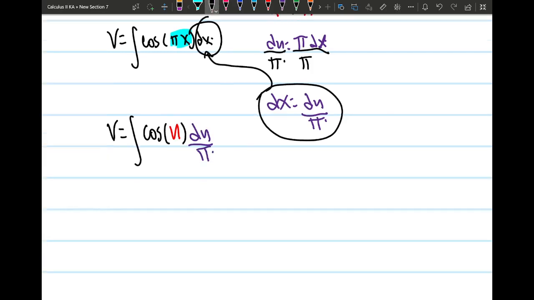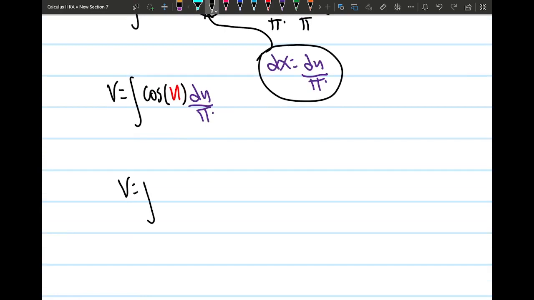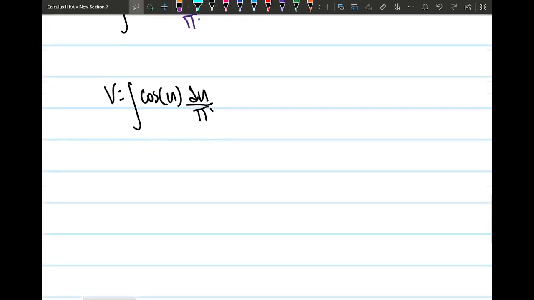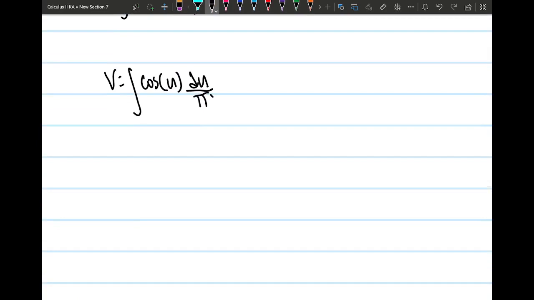Now we have the integral of cosine of u du over pi. We can take that 1 over pi out, okay? Because since there's a denominator of pi, we can literally just say v is equal to 1 over pi integral of cosine of u du.